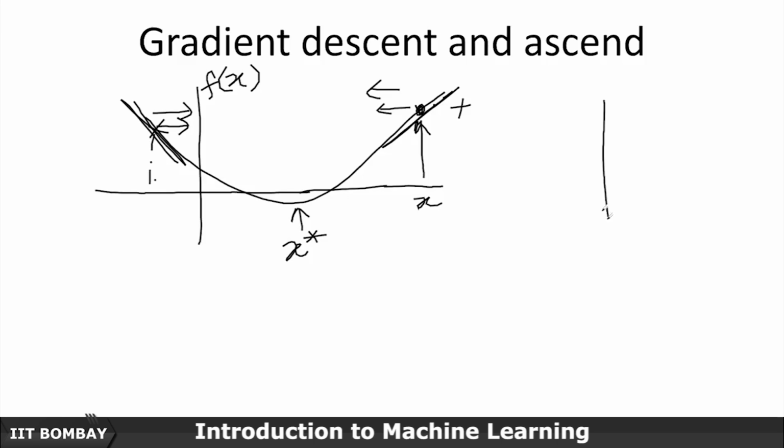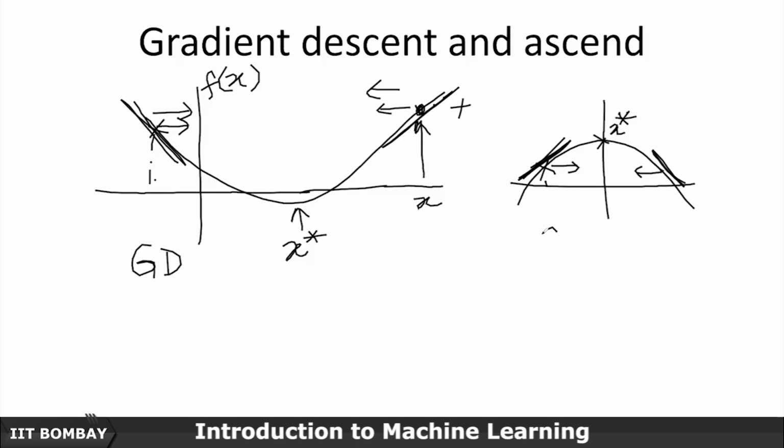On the other hand, if I want to find a maxima, here if I start x here, I can see that x star lies on the positive side and the slope here is also positive, whereas here the slope is negative and x star also lies on the negative side. So, for finding minimas I want to do gradient descent, and for finding maximas I want to do gradient ascent. So, this gives me a recipe to find minimas.